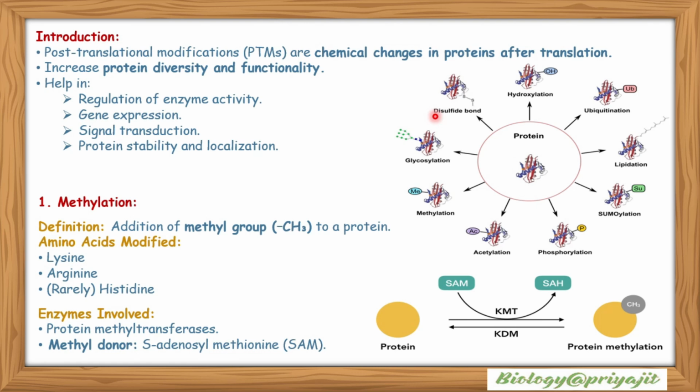Firstly, methylation. Methylation is a chemical change that involves the addition of a methyl group to a protein. Here, the amino acids modified are lysine, arginine, and rarely histidine. The enzymes involved are protein methyltransferases, and the methyl group is received from a methyl donor molecule which is S-adenosyl methionine.